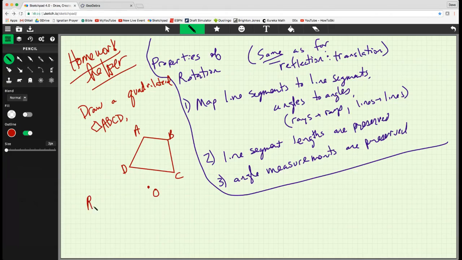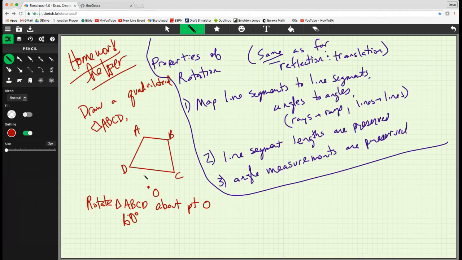And we're going to rotate quadrilateral ABCD about point O, 100 and, well, let's do it 60 degrees. About point O, 60 degrees.